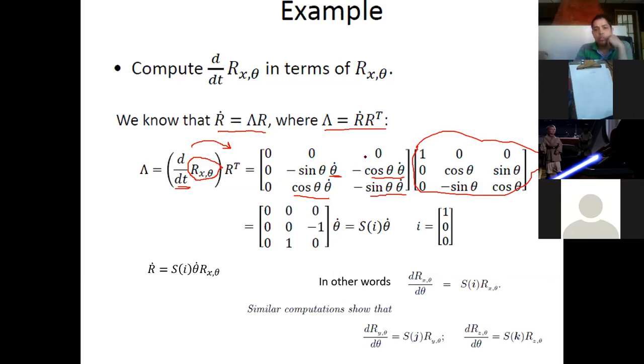I'm not going to do the multiplication here. You know how to do matrix multiplication, right? If you multiply this guy with this guy, 0 times 1 is 0, 0 times 0 is 0, 0 times 0 is 0. So your first component is 0. Similarly, you repeat the same process, then you get this.